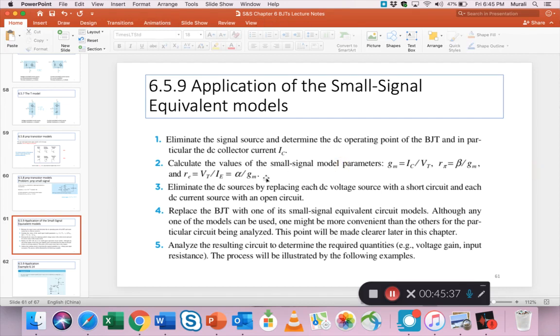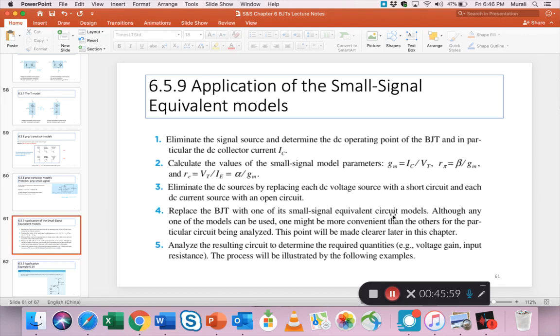Okay. Then step 3 is where you take out the DC biasing voltages. Now with a short circuit for a voltage source and an open circuit for a current source, remember? So take that out and you're left with just the small signal circuit. Now replace the BJT with one of its small signal equivalent circuit models.